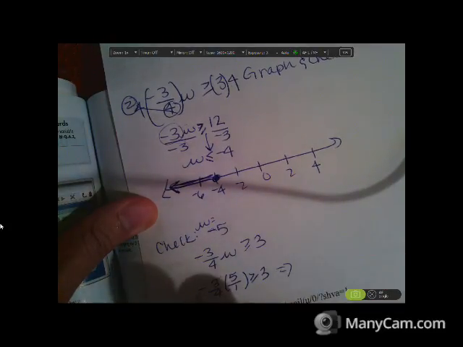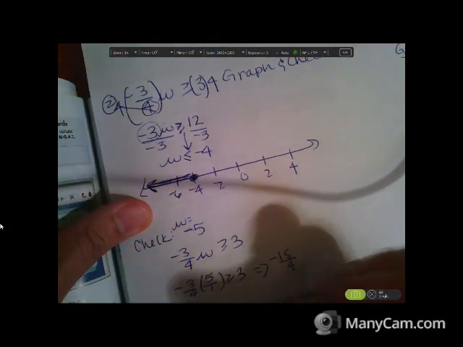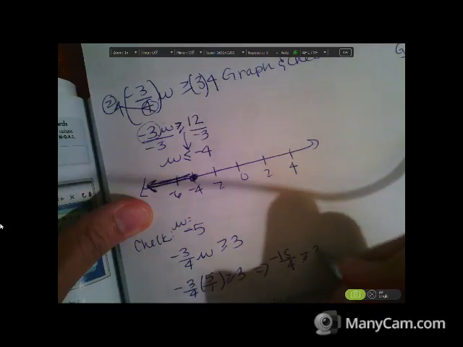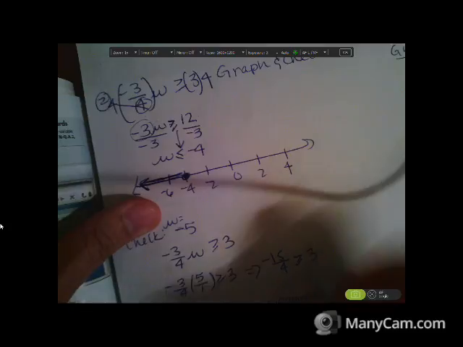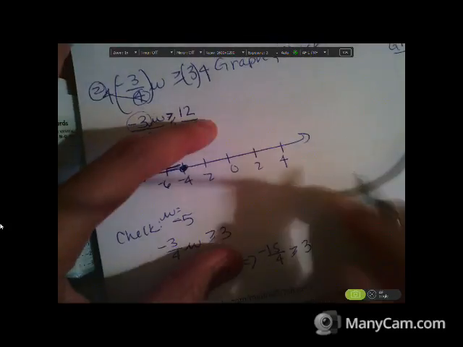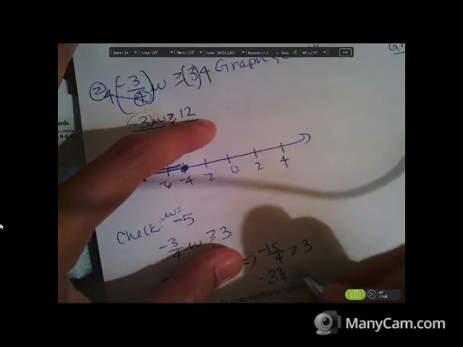Negative 3 times 5 is negative 15 over 4, greater than or equal to 3. When you turn that into a mixed number, that is going to be negative 3 3/4.